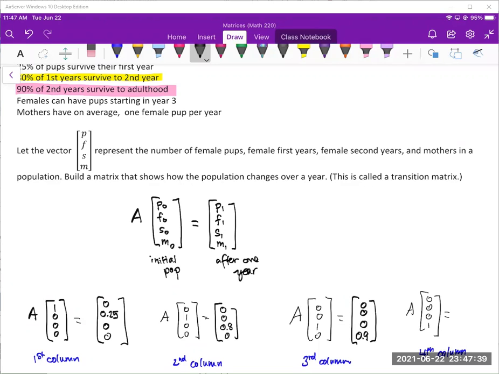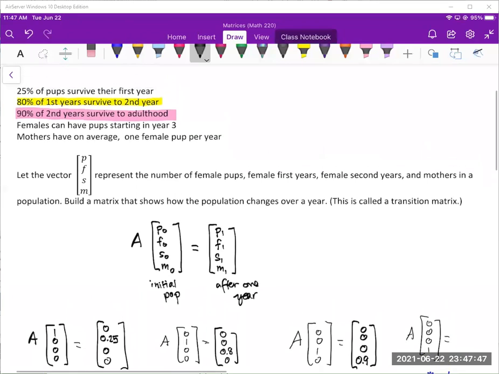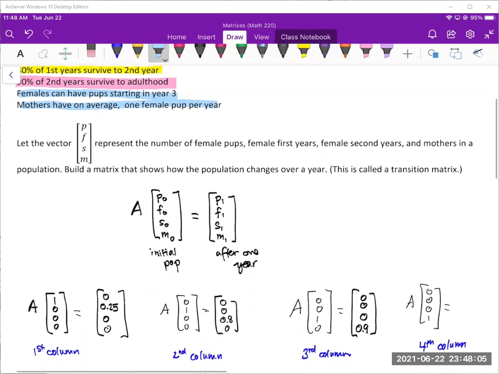Okay, finally, we've got our fourth column, which says what happens if we have one mother. What are we going to see next year? Mothers in the third year are going to start having one female pup a year. So for one mother, we're going to see one pup. And the mother is still around, right?